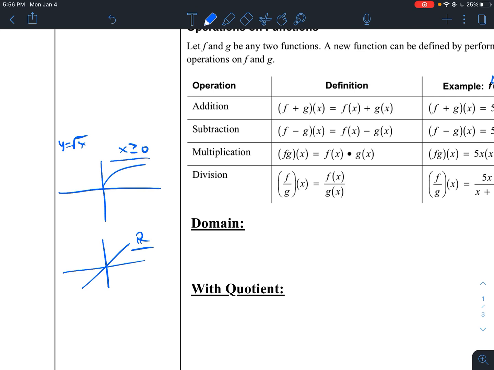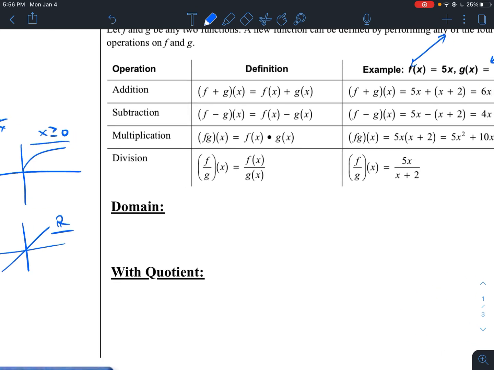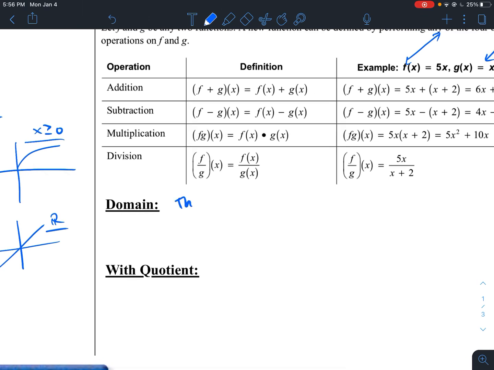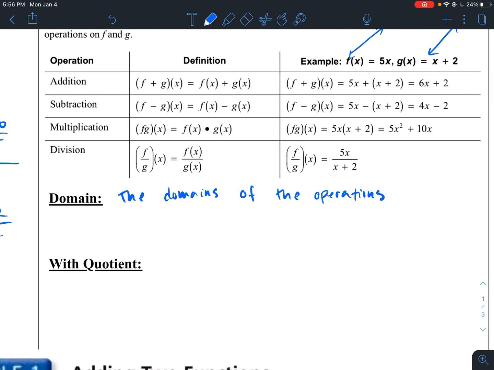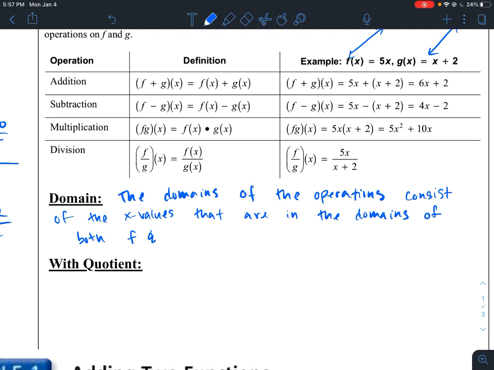In other words, how you could write this a little more officially is: the domains of the operations consist of the x values that are in the domains of both f and g.